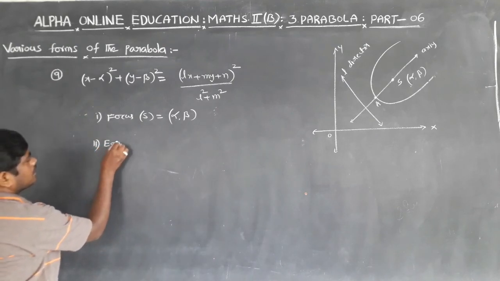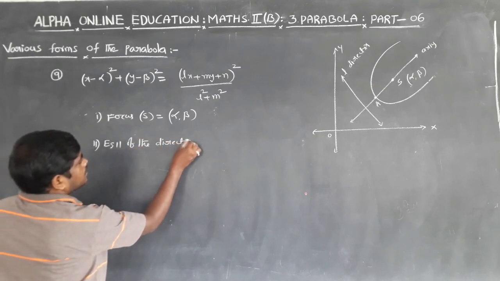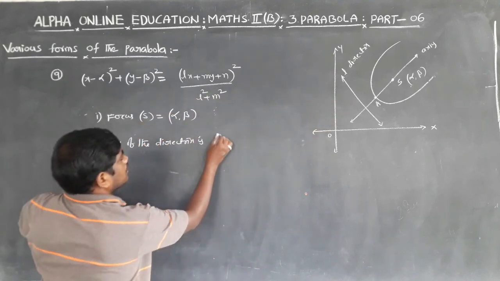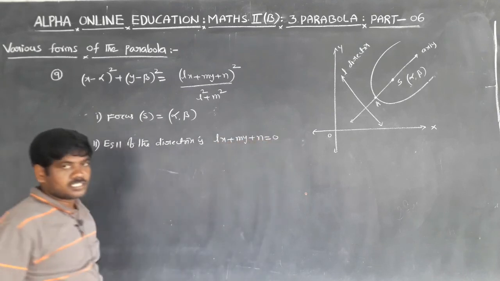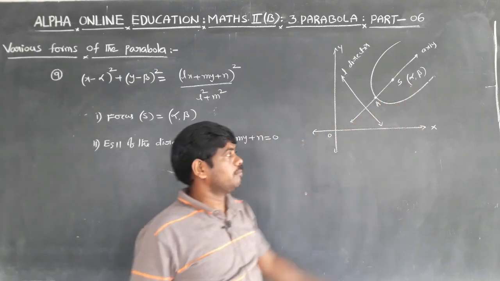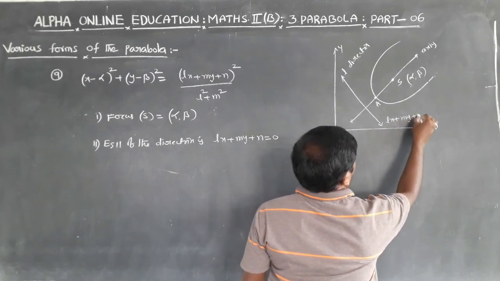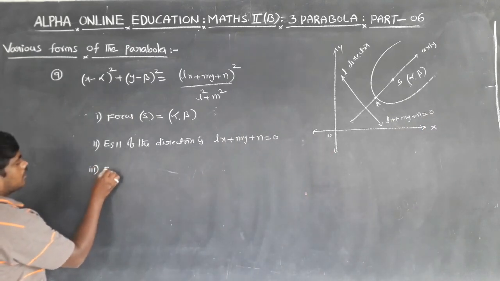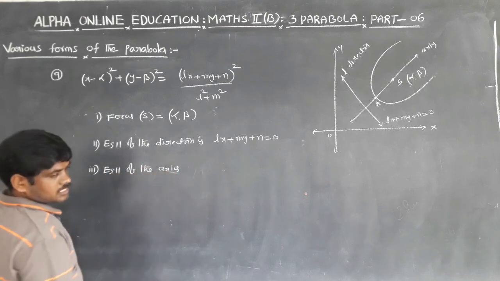Second one is the equation of the directrix. Equation of the directrix is Lx plus my plus n is equal to 0. Focus alpha comma beta. Third one is the equation of the axis.